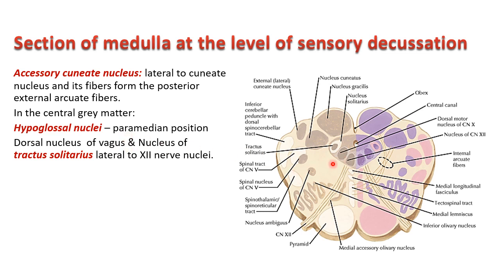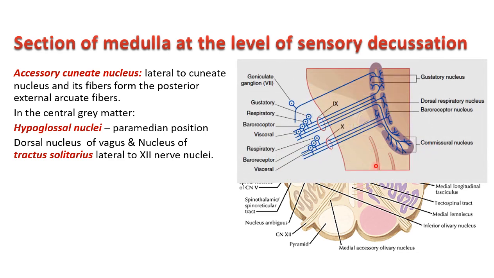And then more laterally you see the nucleus of tractus solitarius. That is mainly concerned with taste. Here you are able to see the nucleus of tractus solitarius, which gives fibers mainly to the ninth nerve, 10th nerve and 7th nerve.